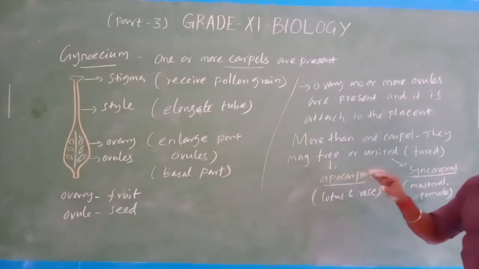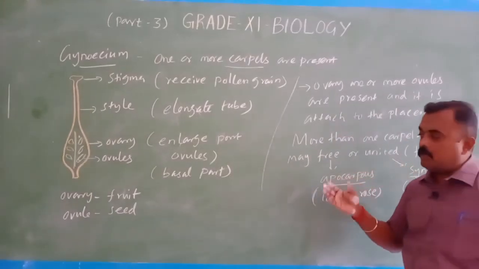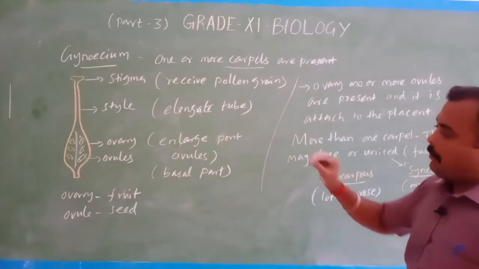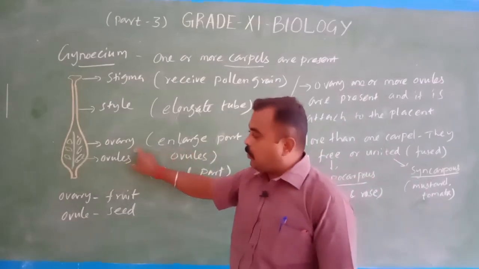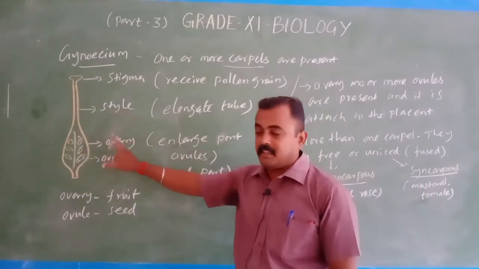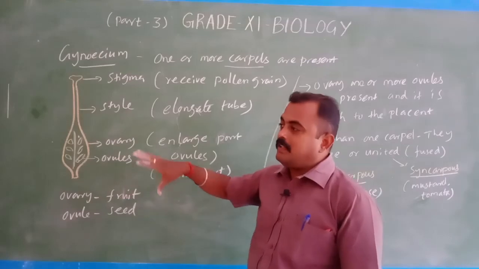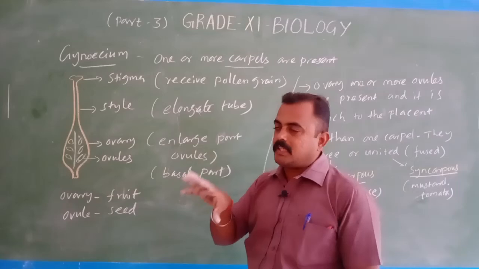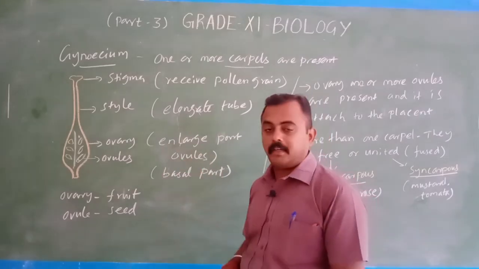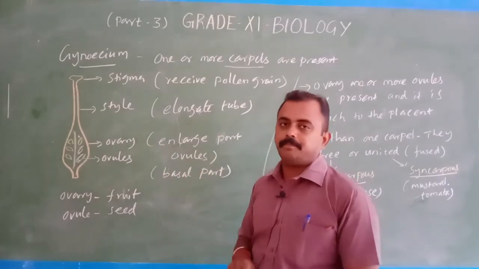After that, it is converted into fruit and seed. Next one, based on the ovule. Already we told that the ovule is attached to the placenta. Based on how the ovules are attached, it has been divided, and that we will see.